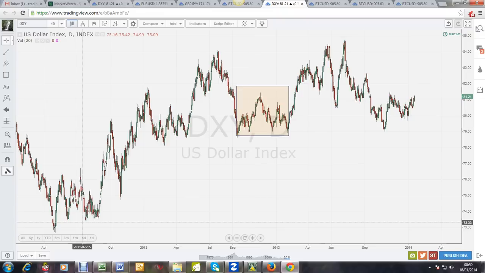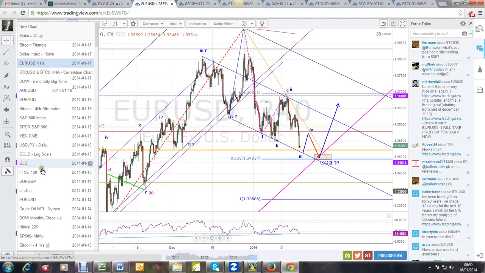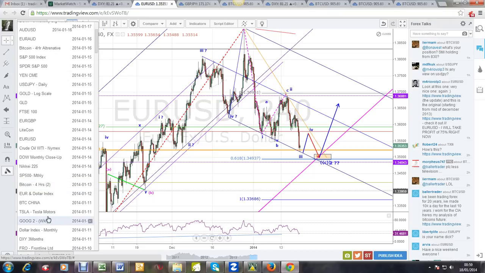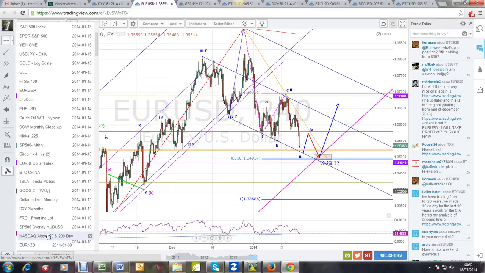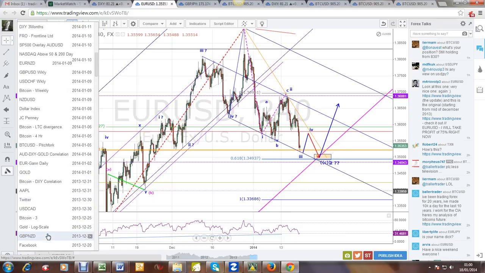And in fact, if you really want to see, and don't just take my word for it, let me take you there. If I can find this one, the dollar index, it's a daily chart I'm looking at, and I haven't done much on that chart since, so you'll still be able to see some of my squiggles on there. If not, then I will share that with you again later.